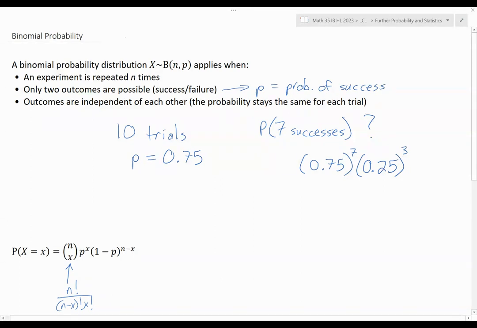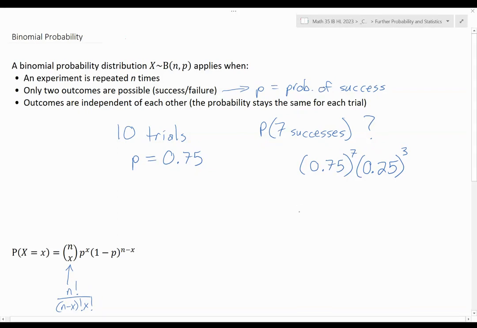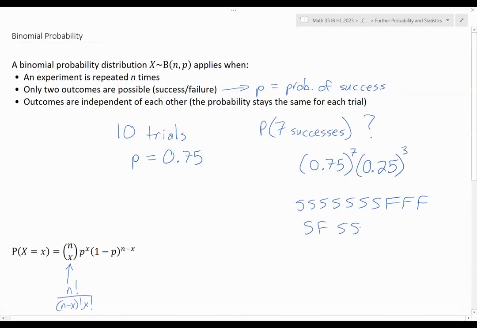Now, the reason we need the combinations calculation in there is essentially because we have a number of different ways in which these successes and failures could happen. For example, I could have 7 successes right up front, followed by 3 failures. Or I could have a success and then a failure, and then a couple more successes, and then 2 failures, and then 4 more successes.